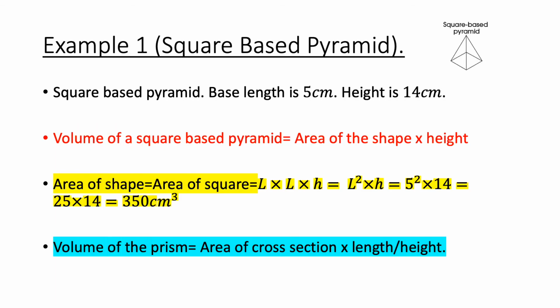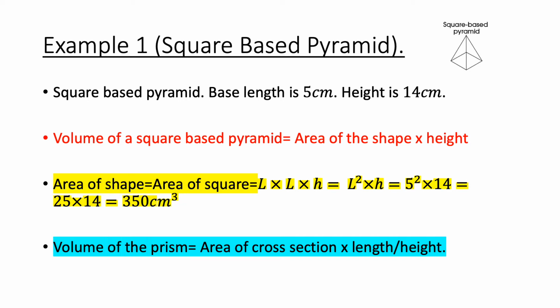Right guys, example 1, square-based pyramids. This is what a square-based pyramid looks like. It's got a square at the bottom, that's the base, and then triangles for the rest. The base length is 5 centimeters and the height is 14.